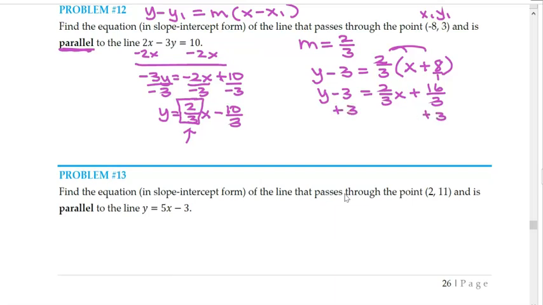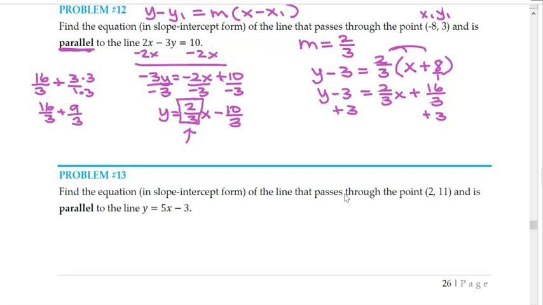But again, remember, let's do maybe a little side work. Maybe I'll do it over here. All right, I'm trying to figure out 16/3 plus 3. That's like plus 3 over 1. I need to get those denominators the same, so I need to multiply by 3 on top and bottom there. So I have 16/3 plus 9/3.